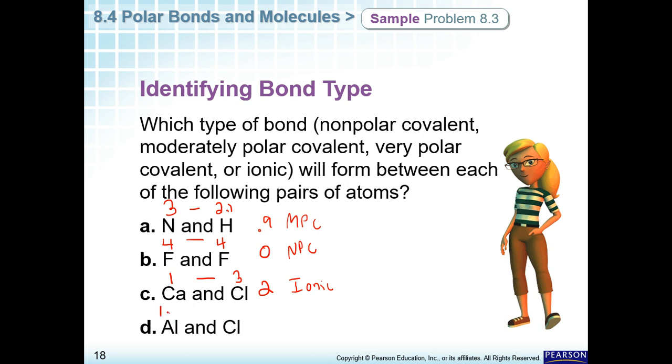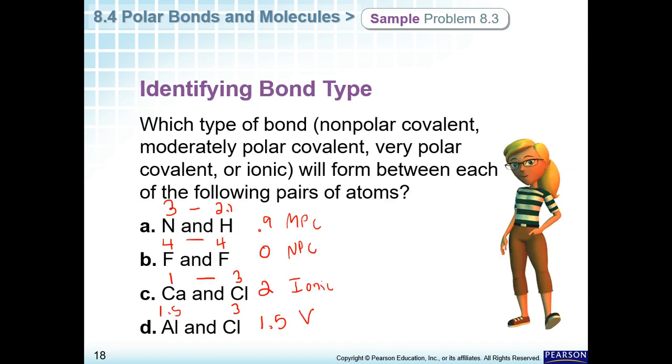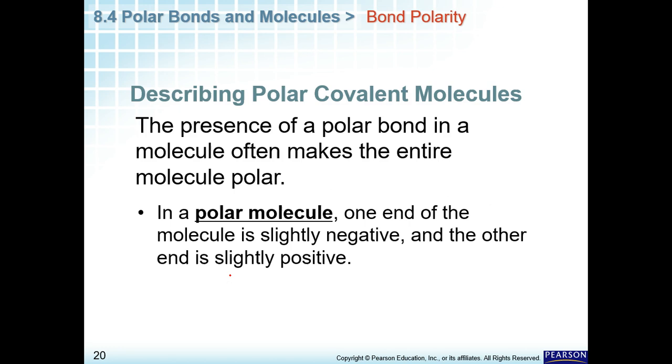Your value is 1.5. Chlorine, your value is 3. So when you get the difference, that's a difference of 1.5. If you look at your table, that is very polar covalent. This chart works really well, and just subtracting the differences works well whenever you're working with two atoms or just trying to find a specific bond.